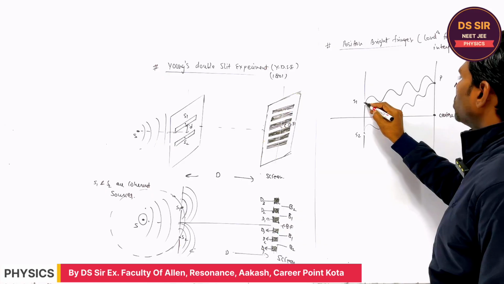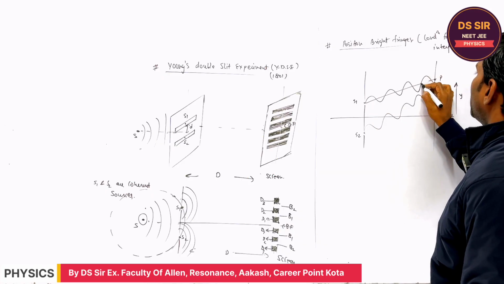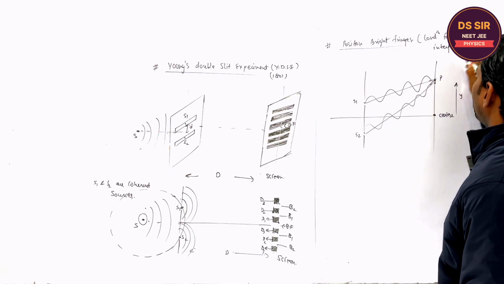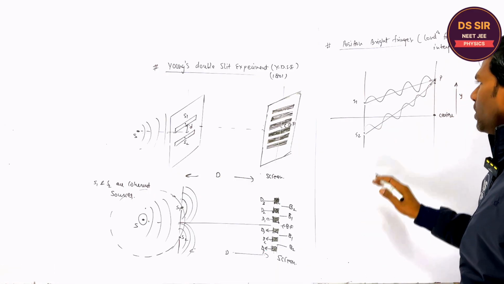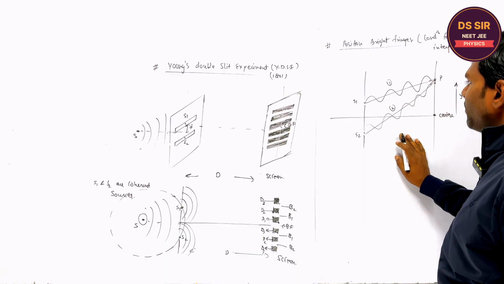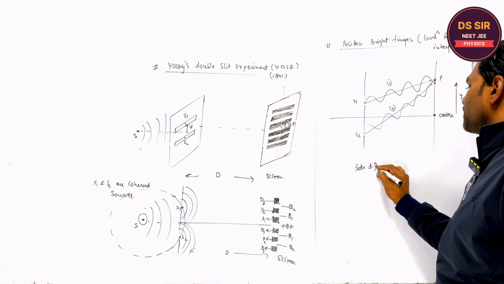Are you getting or not? So this is the distance traveled by the first wave, and this is the distance traveled by the second wave. So is there a path difference between the two waves? Yes. So what is the path difference?